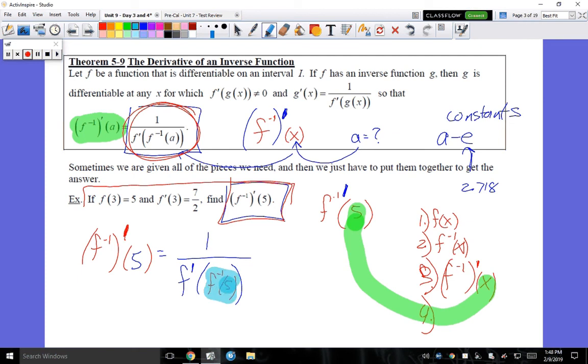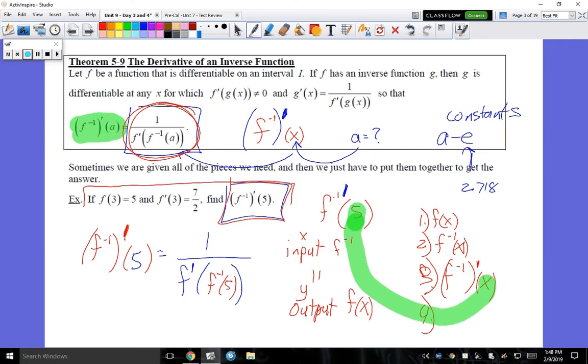The way I want you to read this is 5 is the input of this inverse. And 5 being the input, or x value, of the inverse is equivalent to the output y value of the original f of x.